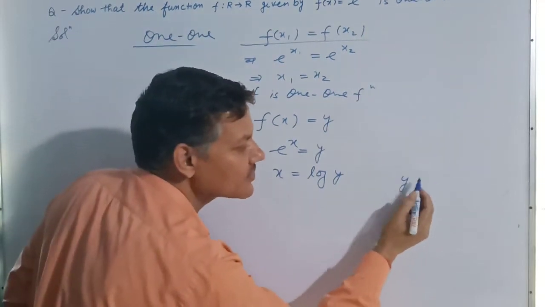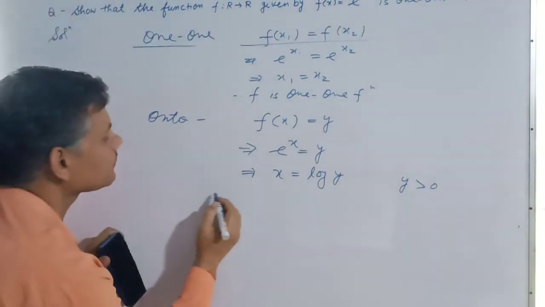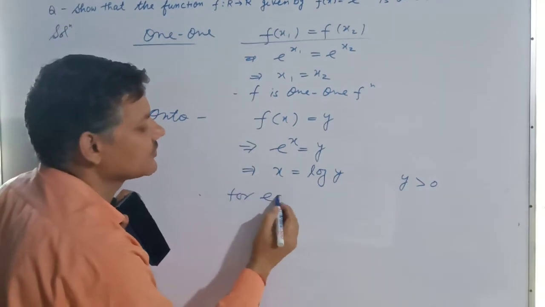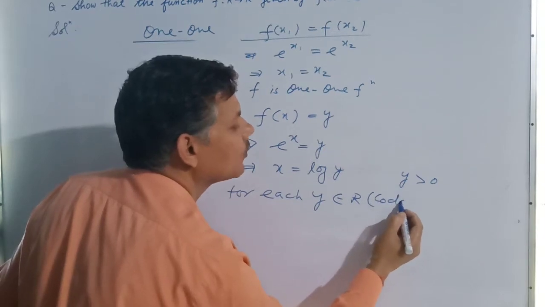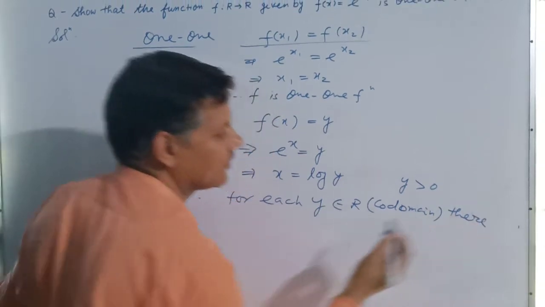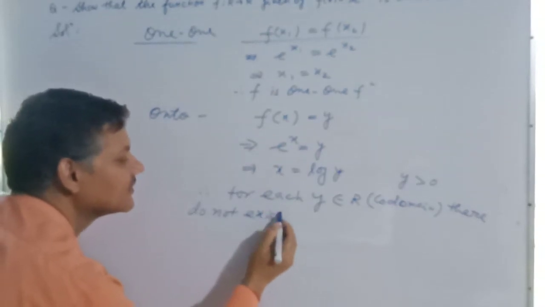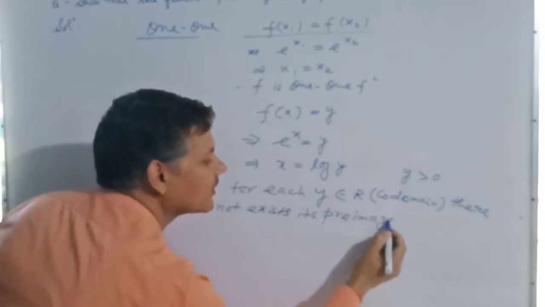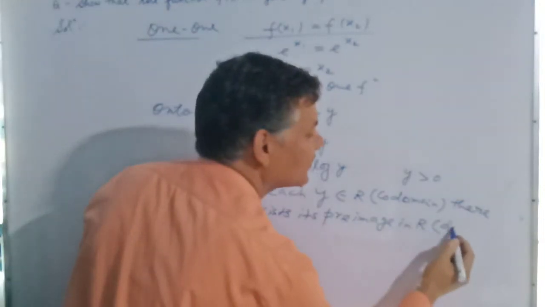Since by definition of logarithmic function y is always positive, therefore for each y that is an element of R, that is codomain, there does not exist its pre-image in R, that is domain.